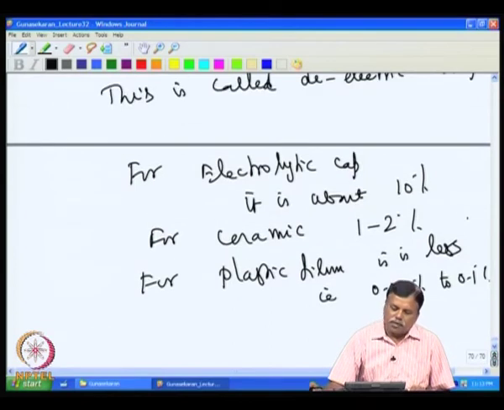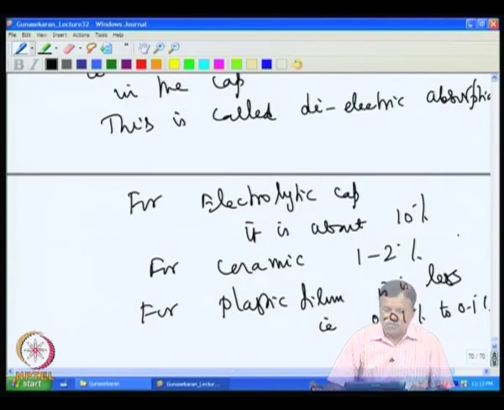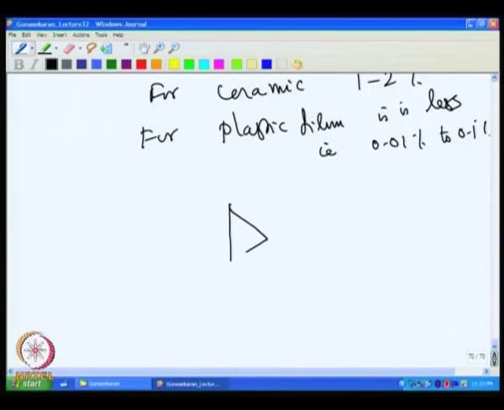So, what is the problem with this dielectric absorption in the case of our dual slope AD converter? In the dual slope AD converter, we are charging the capacitor first with the V input, and the capacitor is charged to a minus voltage, that is, the output voltage is minus.